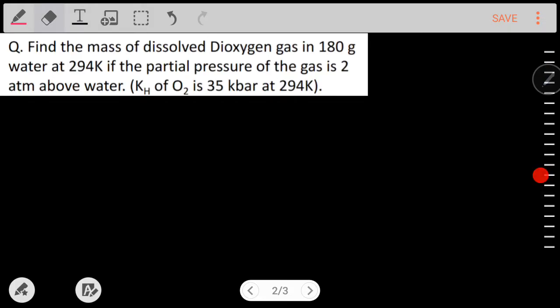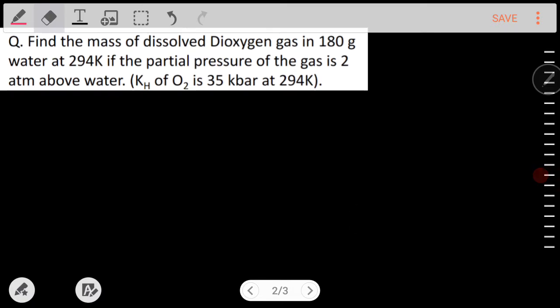Find the mass of dissolved dioxygen gas in 180 gram water at 294 Kelvin if the partial pressure of the gas is 2 atm above water. KH of oxygen is 35 kilobar at 294 Kelvin. So how to solve it? Here WB, the mass of the dissolved gas, is to be calculated.